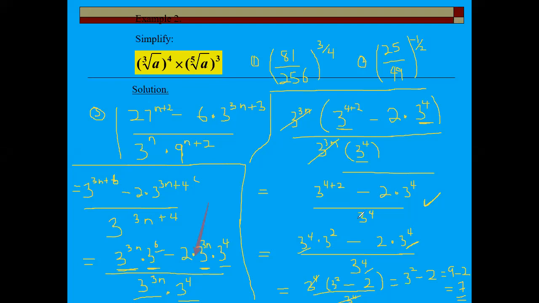This type of cancellation, where you immediately want to cancel 3 raised to the power 4 here, please avoid it. It should not be done under any circumstance. If you want to cancel, factorize like we have done. Make sure you have the common term in the numerator and the denominator before you cancel. Don't try to cancel when you have not factorized.